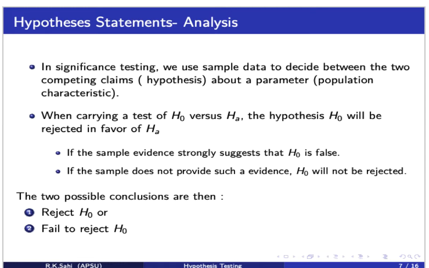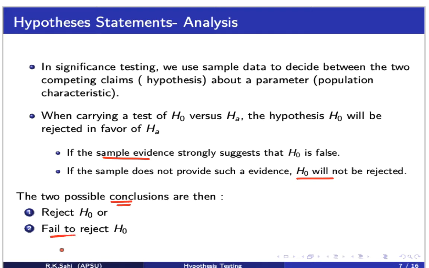If the sample data provides a very strong evidence that the null hypothesis is false, that means we will reject the null hypothesis. That's the first statement. But if the sample evidence does not give us such a strong evidence, we say we will fail to reject the null hypothesis. So two possible things to link: rejection of the null hypothesis or fail to reject the null hypothesis.